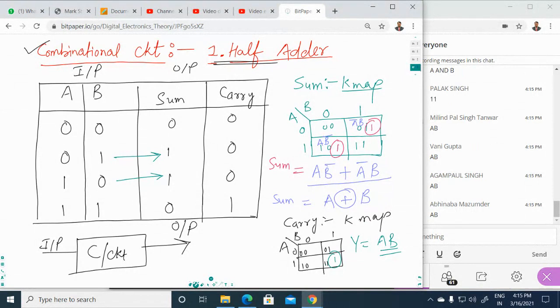So now if you want to design a half adder, how can you design a half adder? You need how many connections and how many gates?